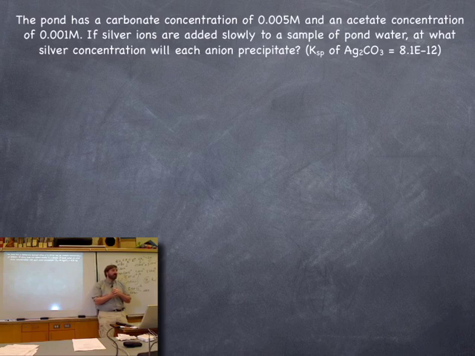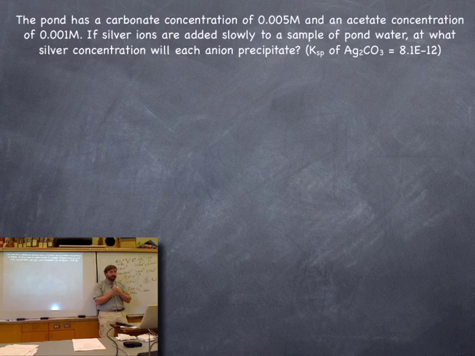I want to know, first of all, which one of these is going to precipitate out first, and what concentration of silver ions I will need to cause the precipitation of each of the different ions, to precipitate out the acetate ions, to precipitate out the carbonate ions. Same sort of question I just asked, except now I have two different ions in there.